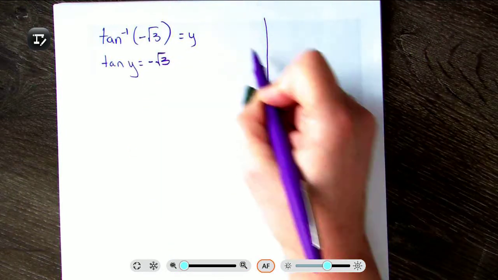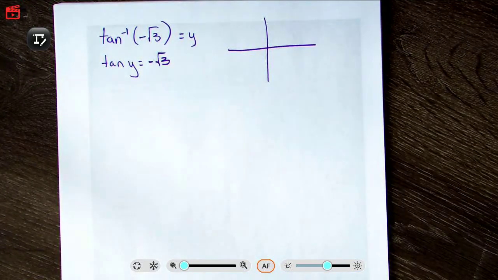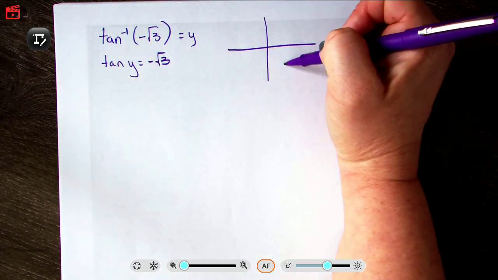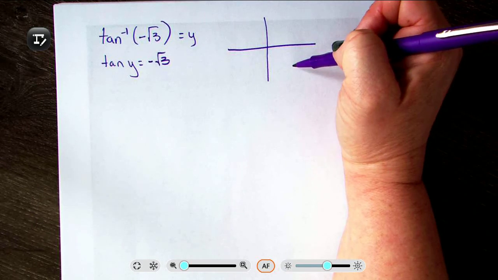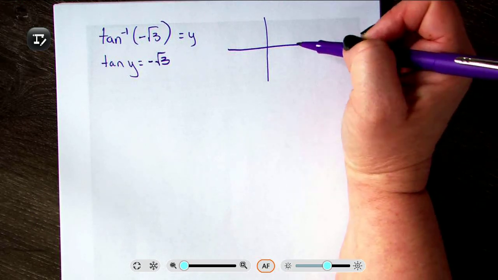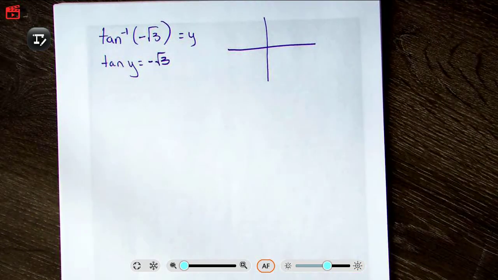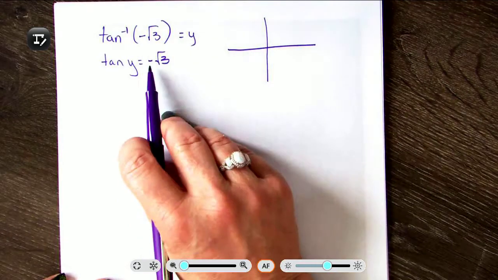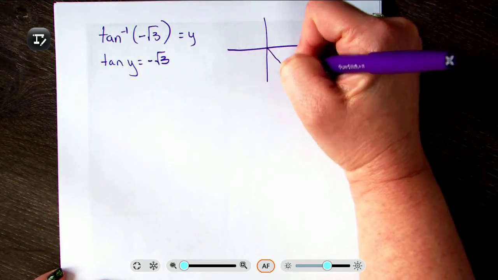Remembering our restrictions: inverse tangent and inverse sine are restricted to the fourth and the first, the fourth written in the negative direction. Inverse cosine, first and second. Again, it just takes time to remember. That's why we show you the graphs so you can get a better understanding as to why we restrict where we did. Tangent is negative down here.